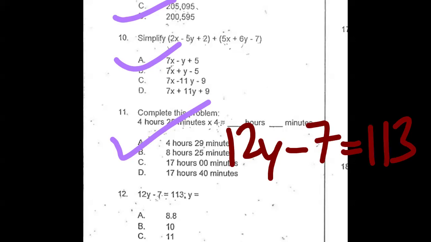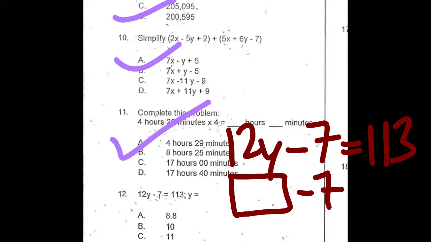Now we have 12y minus 7 is equal to 113, which is not too difficult. 12y minus 7 equal 113. How about we put a box minus 7 equal 113? Let's see if I can use a different color for that. All right, if I add 7 to 113, I'm going to get 120, right?